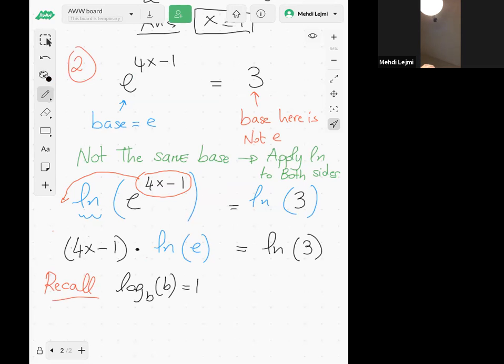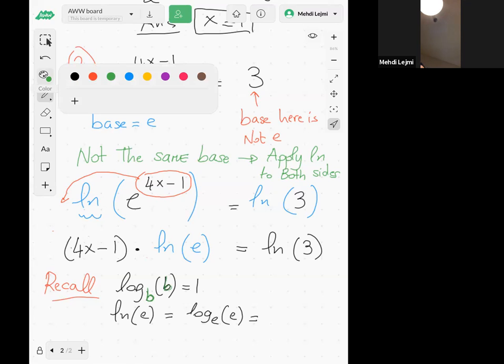So natural log, that's a log in base e, so natural log of e is like log in base e of e. As you can see, if you have the same base and the same thing inside the log, then the answer would be 1. So the answer here would be 1.